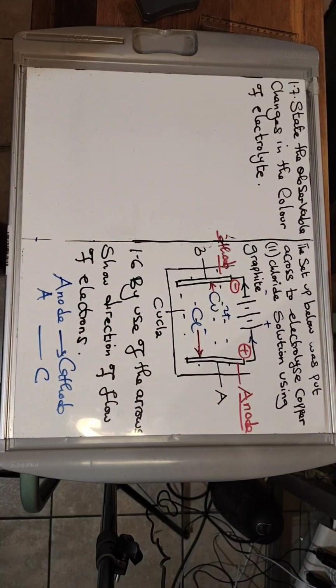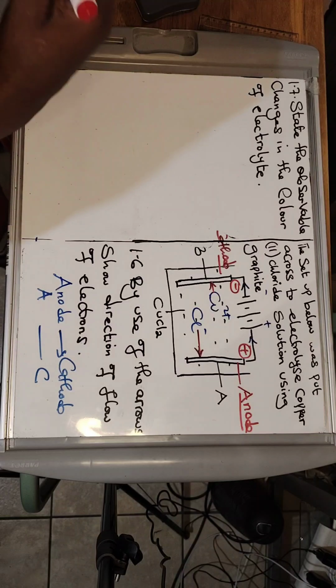Now we come to question 1.7. It says, state the observable changes in the color of electrolyte. Now, to answer this question, truly speaking, you need to find out the net reaction. So let us construct the net reaction here.